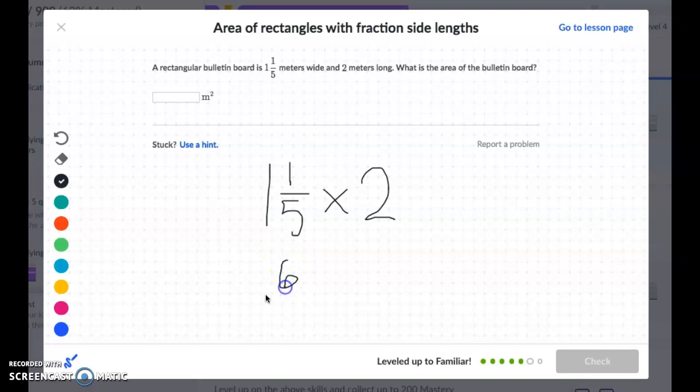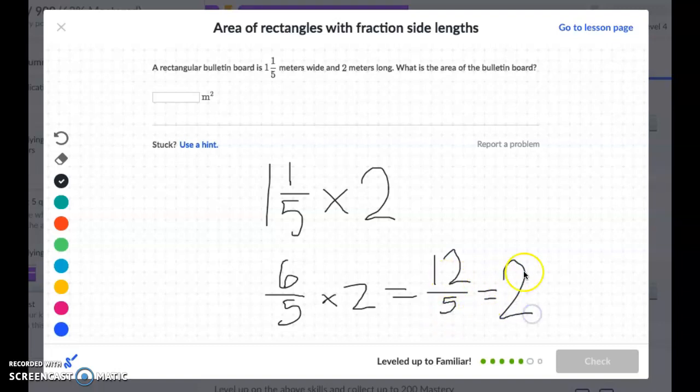So 6/5 times 2. And then when I multiply that out, 6 times 2 is 12. And I would keep my fifths. And then I can simplify that. 5 fits into 12 2 times, and 2 would be left over out of the 5. So 2 2/5.